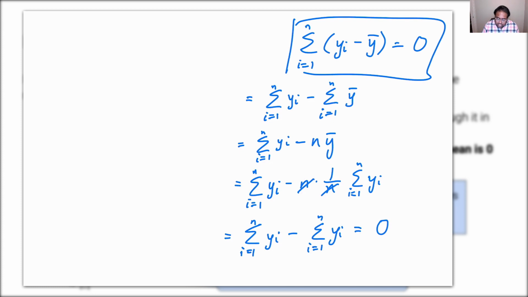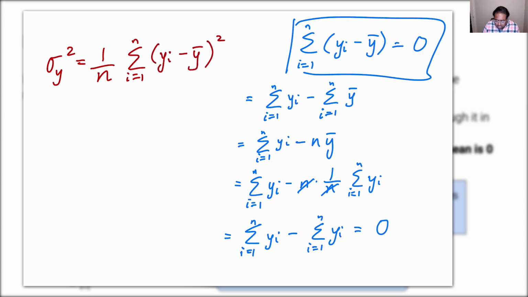Another definition that we will need is that the sample variance, or the variance of a sample, is 1 over n times the sum of yi minus y bar squared. And now, this looks very similar to the mean squared error for the constant model. And indeed, it is the mean squared error if we choose y bar to be our model.